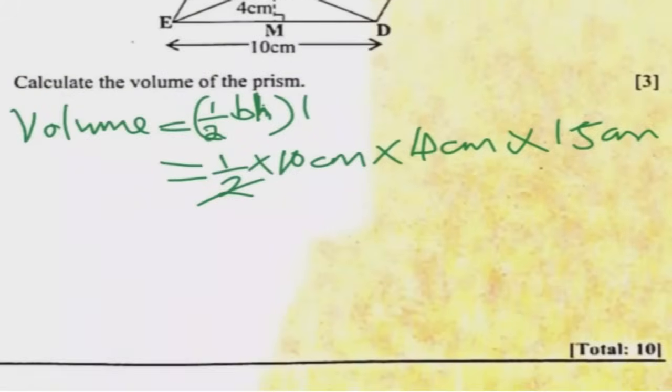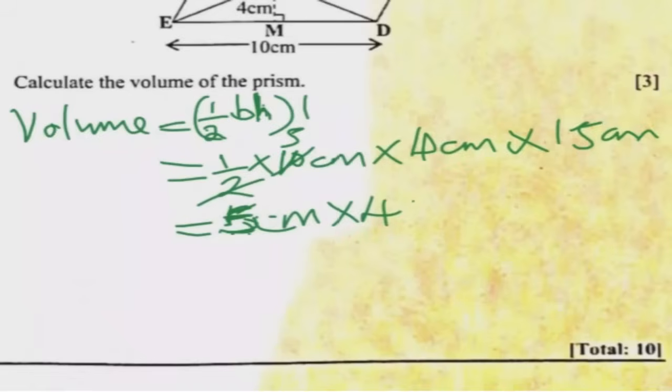We can cancel the 2 and the 10, it will be 5. 2 into 2 is cancelled, then 2 into 10 is 5. Then we multiply: 1 times 5 centimeters gives 5 centimeters, times 4 centimeters times 15 centimeters.